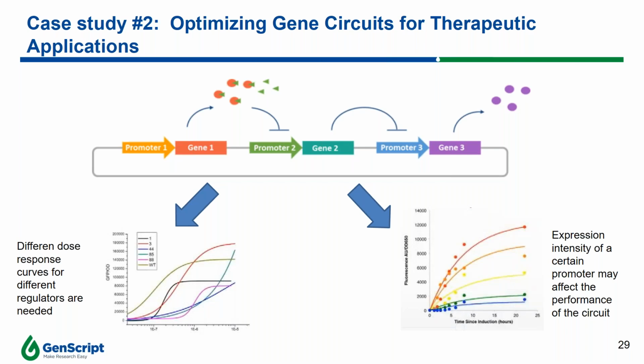For example, the expression level of the regulator genes may be too strong, and the circuit is always active even without the induction. Or the regulator binding might be too strong to the promoter, making the expression level of the proteins very low. Either way, it is impossible for us to predict the best solution for the design.